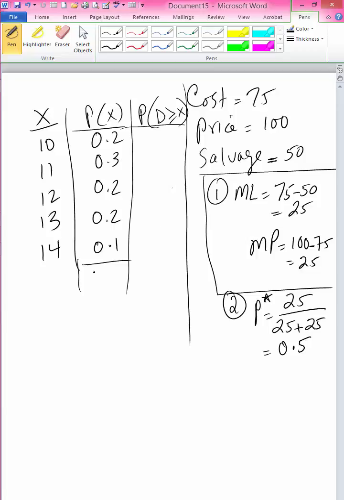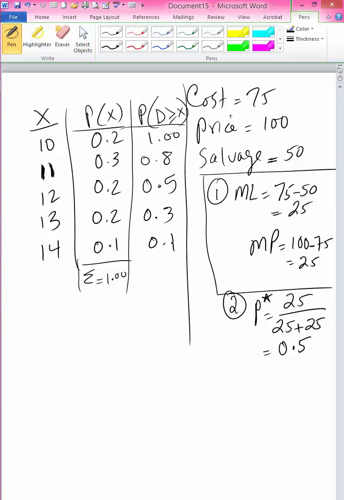Now we know the probabilities of all the values must sum to 1. So probability that demand will be greater than or equal to 10 is 1. Probability that demand will be greater than or equal to 11 will be 0.8. The next one will be 0.5, then 0.3, and then 0.1.